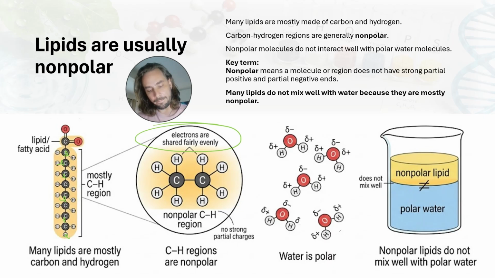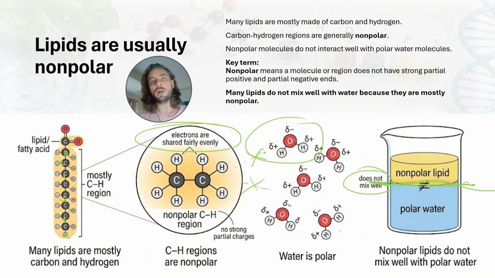Even though water is partially charged, it does not form hydrogen bonds with fatty acids. And that is why if you put water and lipids together, they do not mix well, because non-polar lipids are hydrophobic, meaning they don't interact well with water. It creates a clear layer between the two.